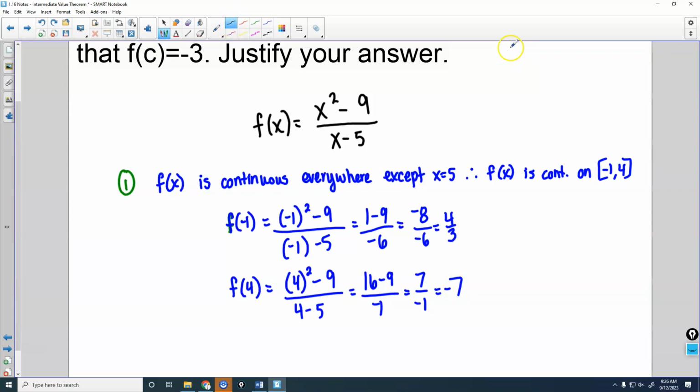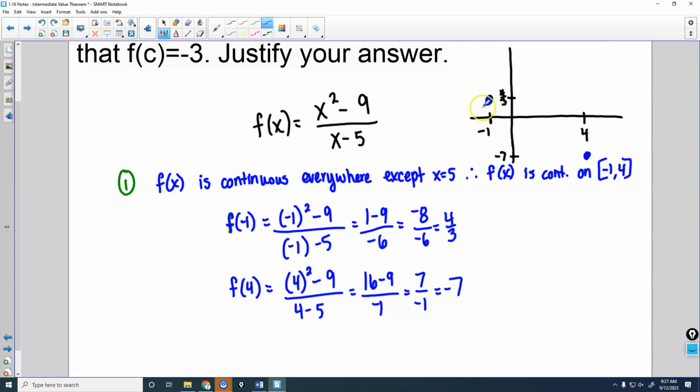So I think it's helpful to think about what we're trying to look at here. Graph is not perfect there. So what I've just found, right? -1 over here to 4 is where I'm looking, right? And I found at f of -1, I'm up here at like 4/3, right? My graph goes through that point. I really drew this graph badly. Right here is -7. At 4, -7, my graph goes through here, so my graph has to go through these points.